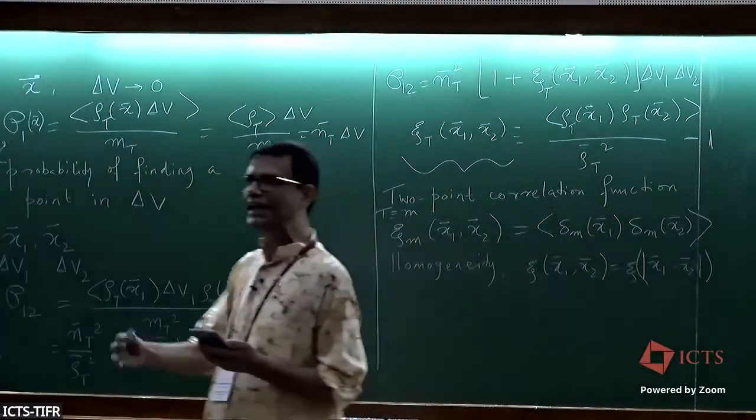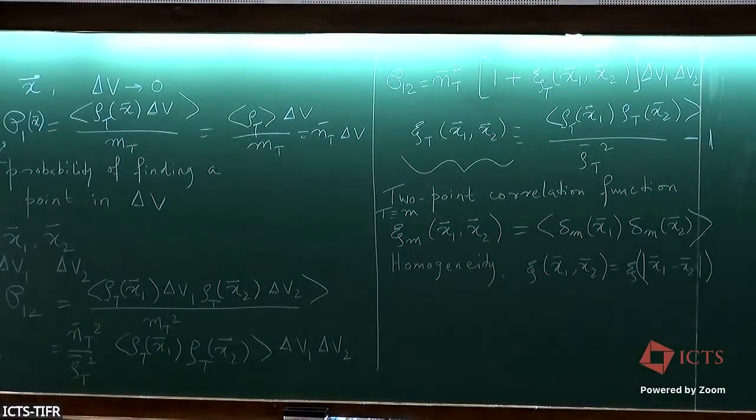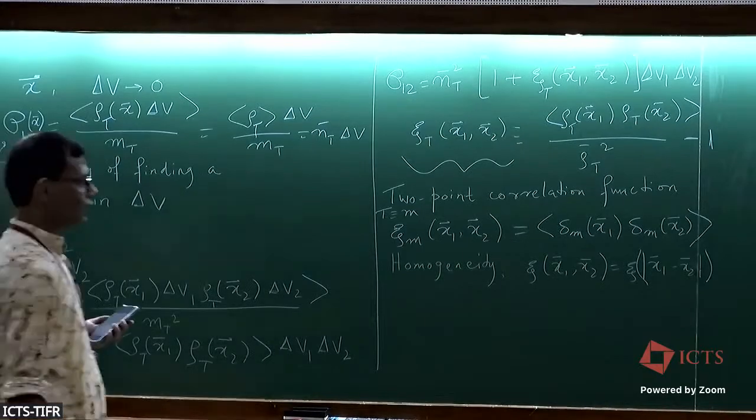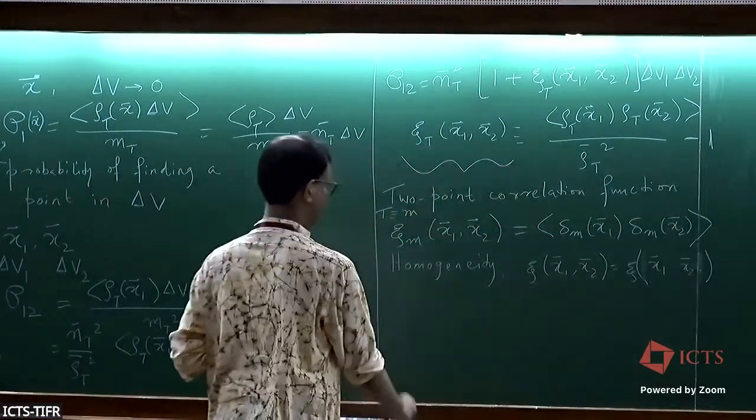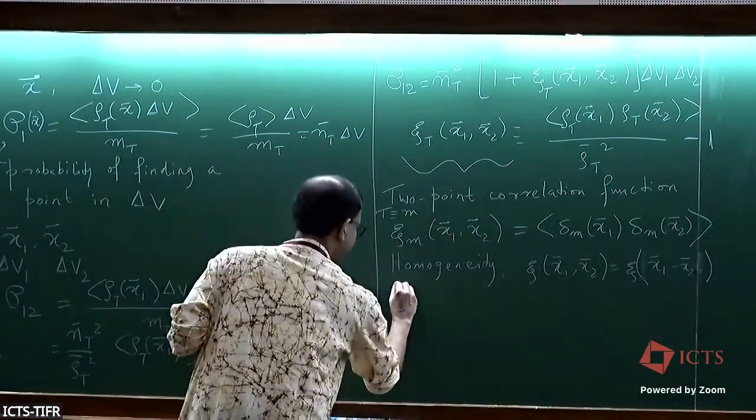Another way of saying this is that since the universe is homogeneous, it should not matter where I choose my origin. I can shift my origin wherever I want and nothing should change. Oh, sorry, this is x1 minus x2, just the difference between them.